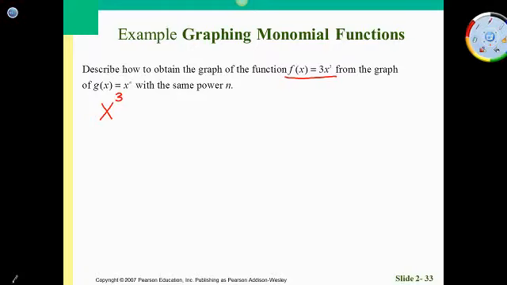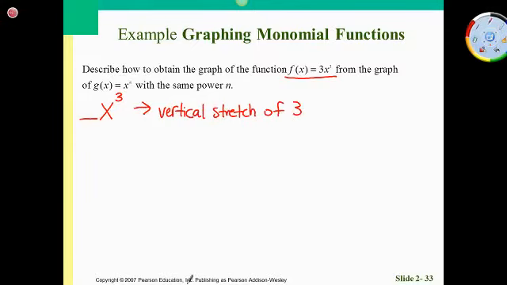It's just a vertical stretch. Vertical stretch of what? Of 3. See, there was nothing in front of this before, and now there is a 3. So I'm going to say it's related to x to the third, and it is a vertical stretch of 3.